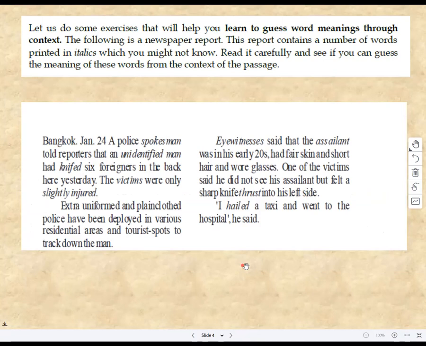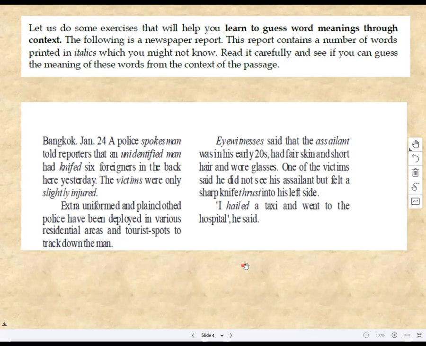Bangkok, Jan 24. A police spokesman told reporters that an unidentified man had knifed 6 foreigners in the back here yesterday. The victims were only slightly injured, he explained. Plain clothes and uniformed police have been deployed in various residential areas and tourist spots to track down the man.